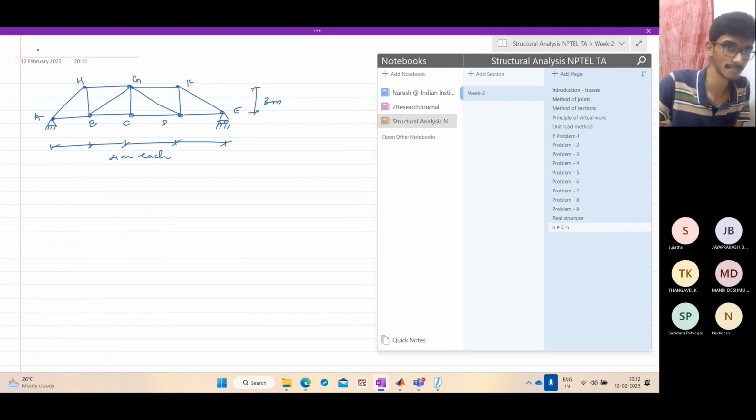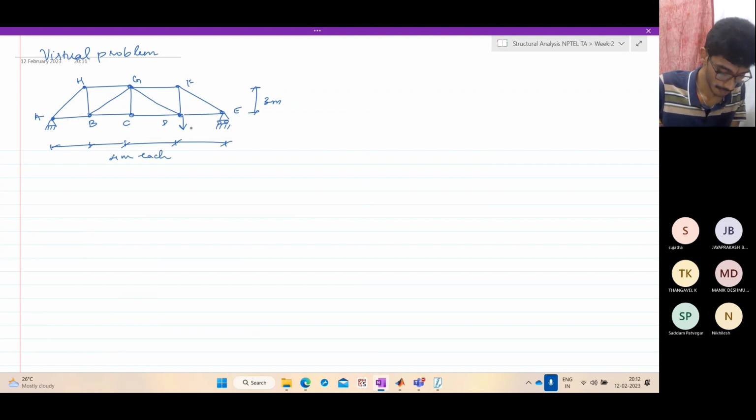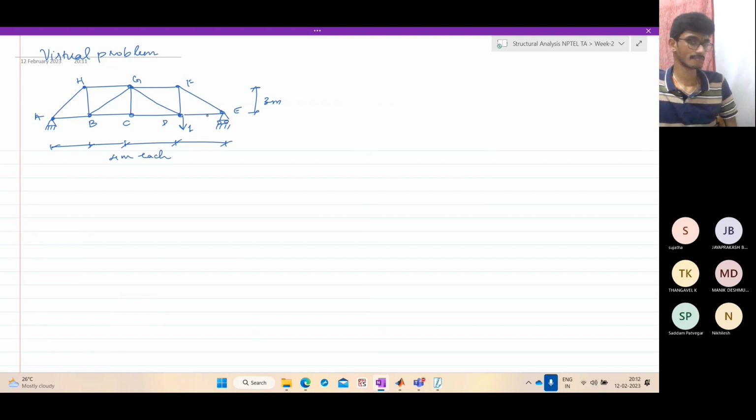So this problem is the virtual problem. So let us apply a point load at this point, 1. We applied a point load at this point. Now let us do it in the usual manner.